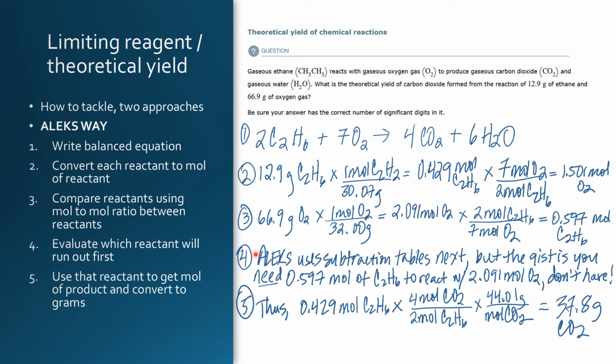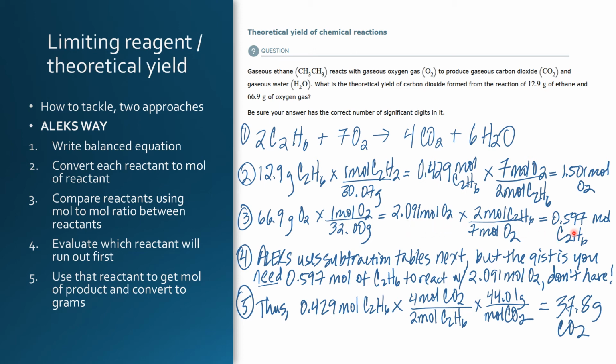Now comes the tricky part. Which one of these reactants is going to run out first? ALEKS uses subtraction tables. This is both a lot of work and maybe not completely necessary if you recognize what the gist is here. We can say, looking at these two calculations, that we need 0.597 moles of ethane to react with the available amount of oxygen, which is 2.091 mole.